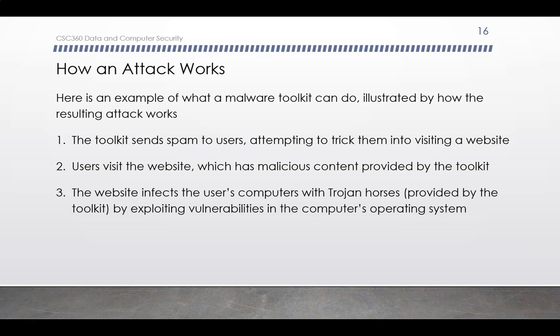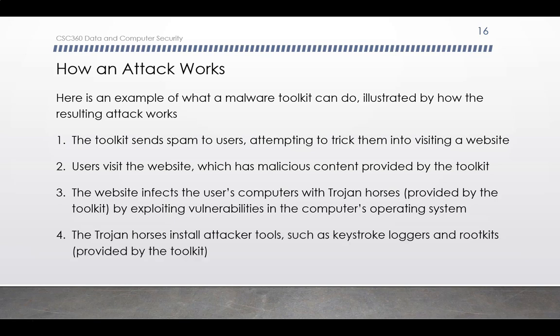The website then infects the users' computers with Trojan horses provided by the toolkit. This is exploiting vulnerabilities in the computer's operating system. The Trojan horses install attacker tools such as keystroke loggers and rootkits, again provided by the toolkit.